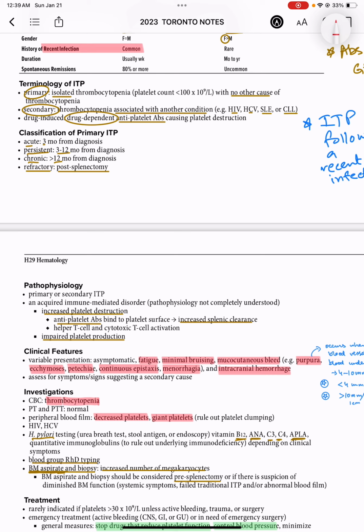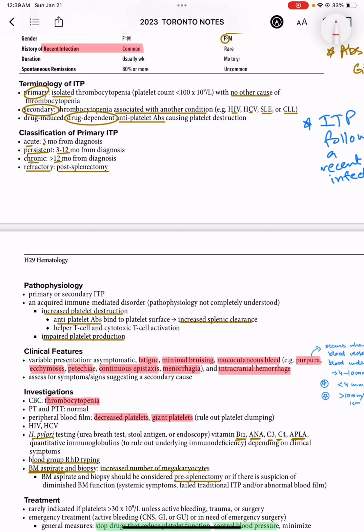You will classify primary ITP on the basis of the time from diagnosis. If it has been less than 3 months from diagnosis, it would be acute. If 3 to 12 months, it will be persistent. If more than 12 months, then we'll call it chronic. And if it still happens post splenectomy, then that is refractory.